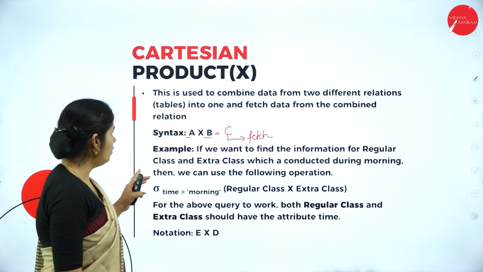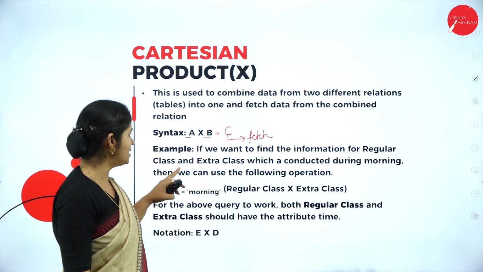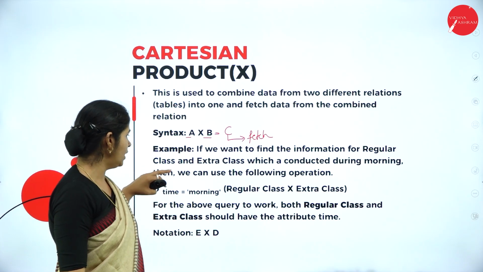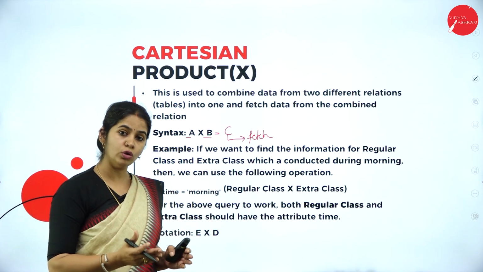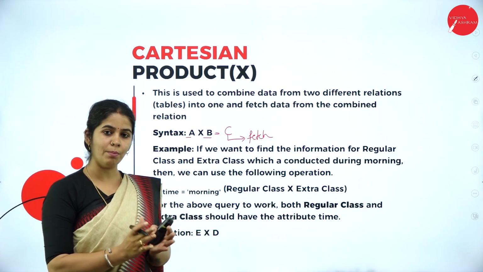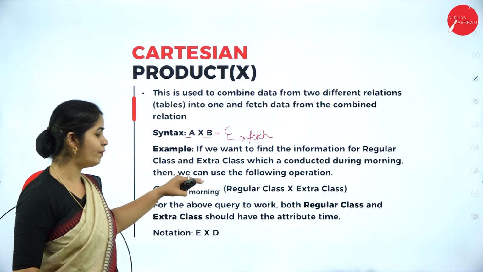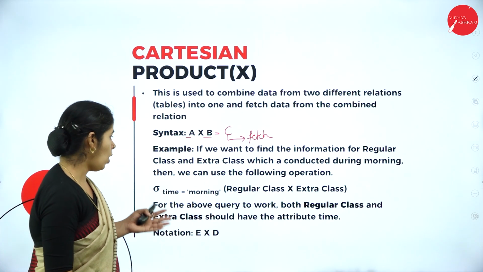For example, if we want to find the information for the regular class and extra class which are conducted during the morning, then we can use the following operation. Whichever classes, both regular and extra, are combined only in the morning session, that is what we want to fetch. At that time we can use the Cartesian product operation.